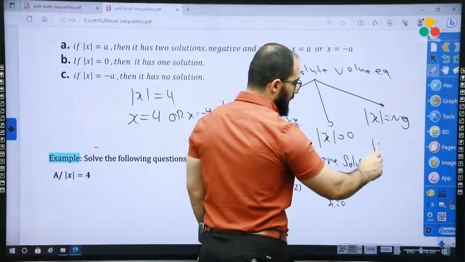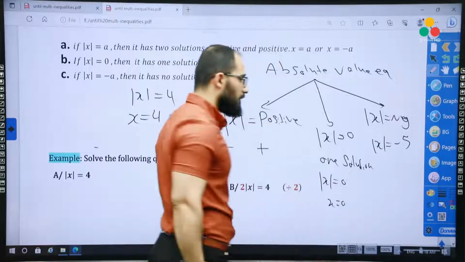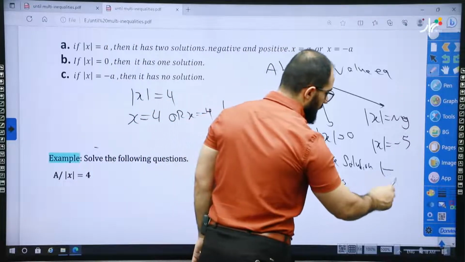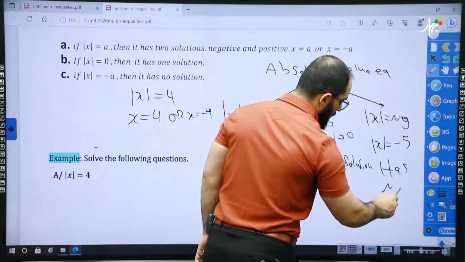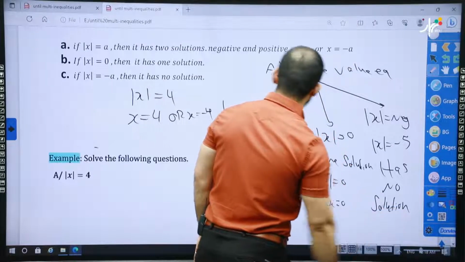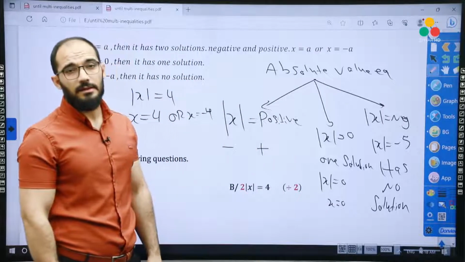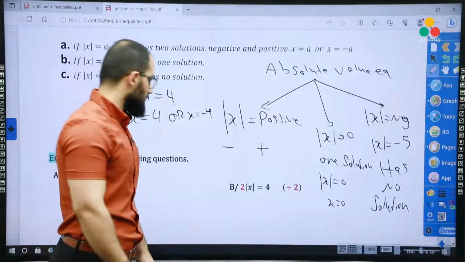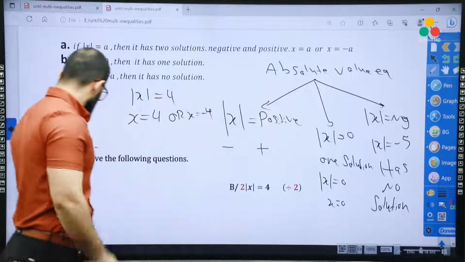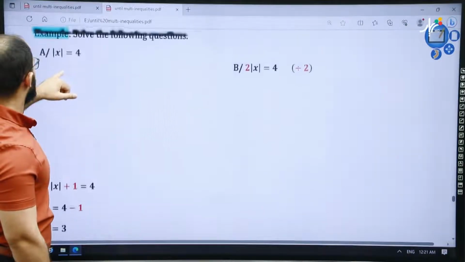For example, the absolute value of x is equal to -5. Be careful. In this case, the equation has no solution. Why? If you remember, we mentioned that the absolute value cannot be negative because it is distance. Then for each case, we have several examples, and we are going to solve them together, inshallah.